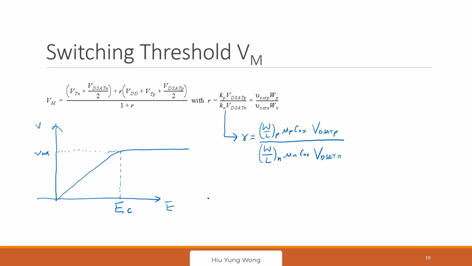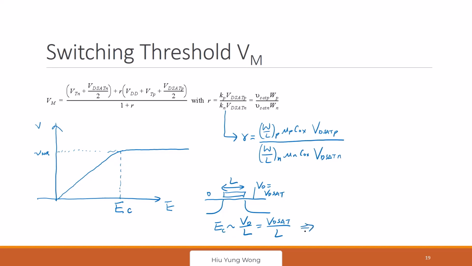Now, in a transistor I have a length L. If I say that VD is equal to the saturation voltage, then basically the E field is almost equal to voltage divided by length, which is VDsat divided by L. And this is called the critical electric field, because this is the electric field at which it saturates.